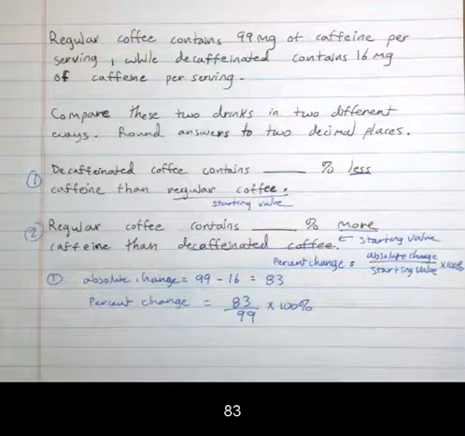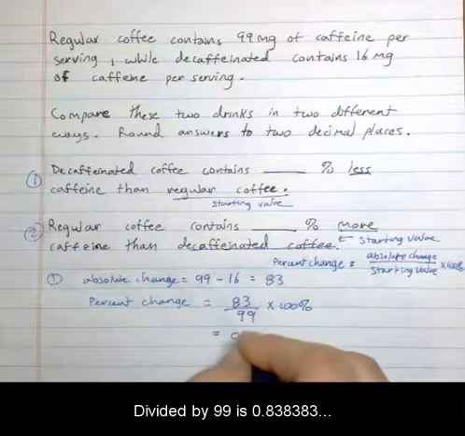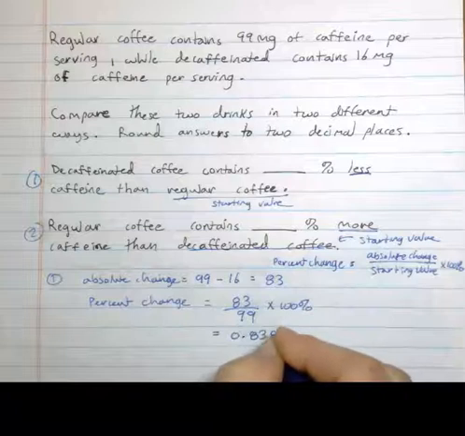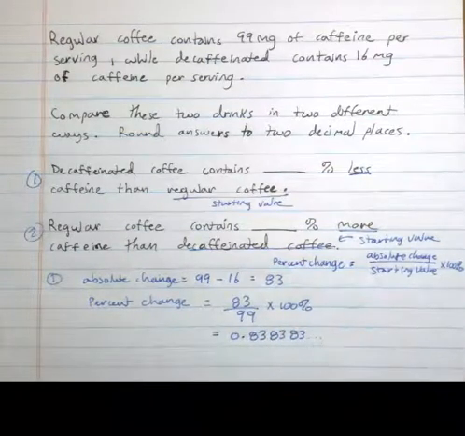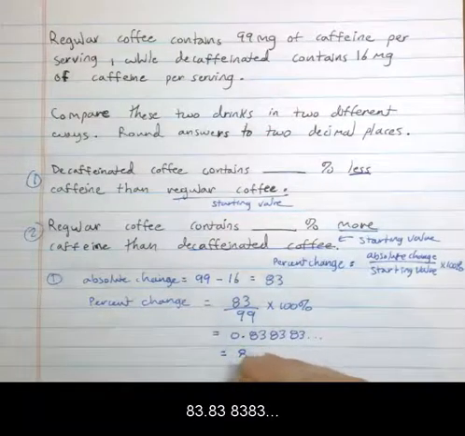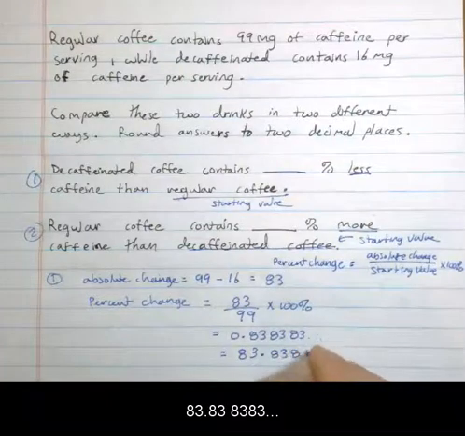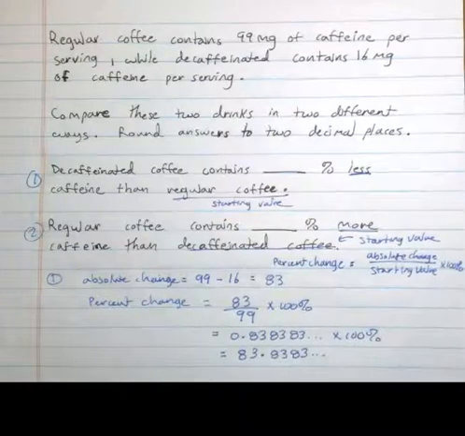So 83 divided by 99 is 0.838383. It's a repeating decimal. If we multiply this by 100%, we'll get 83.8383... percent.